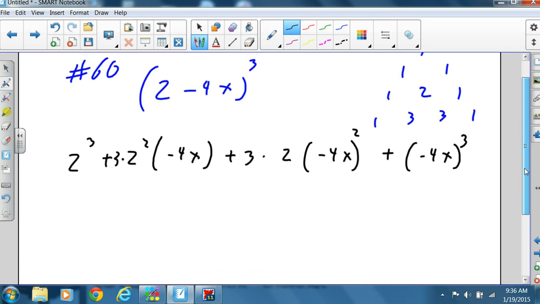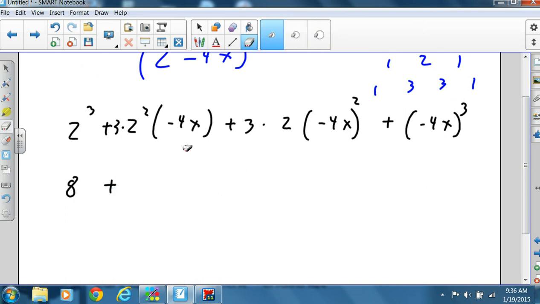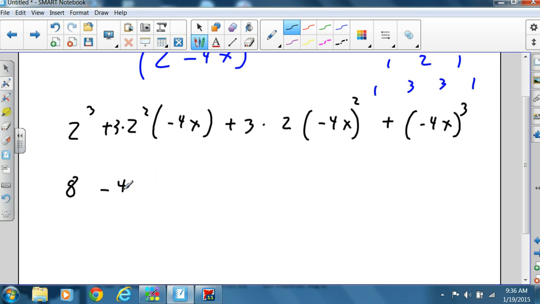All right, I'm going to do this more than one way, by the way, but I'll do it this way first. Okay, so I've got 8 plus minus 4 times 4 times 3. Is that 48? Minus 48x plus 16 times 6.